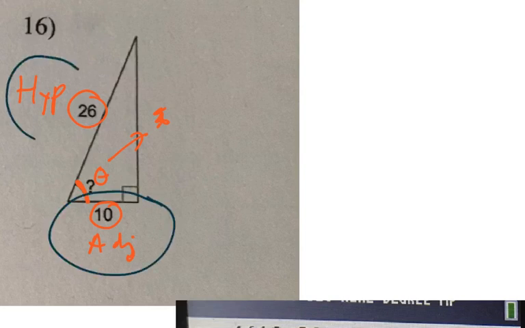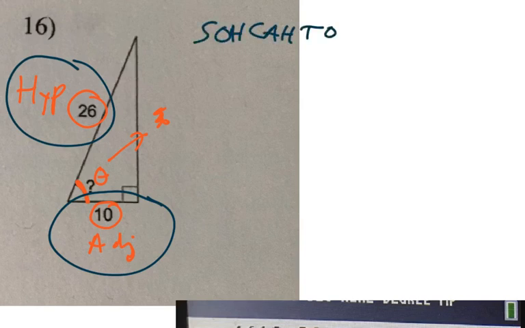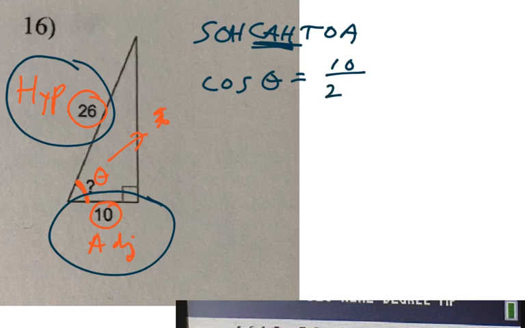What uses A and H? Again, if you look at SOHCAHTOA, some old hippie caught another hippie tripping over apples, right? Which one uses A and H? Cosine. So we know that the cosine of that missing angle theta is the adjacent side over the hypotenuse.